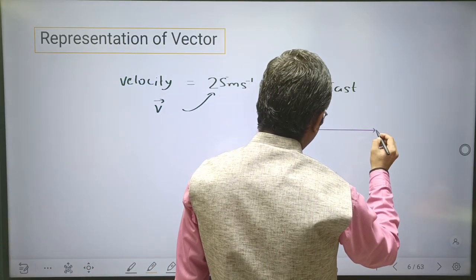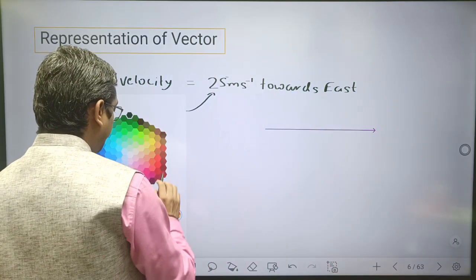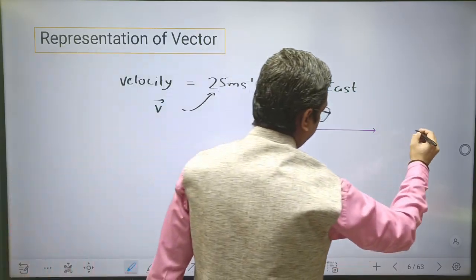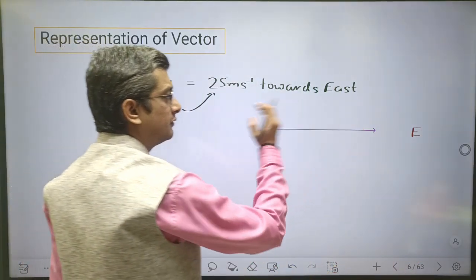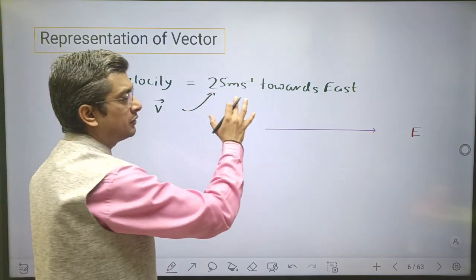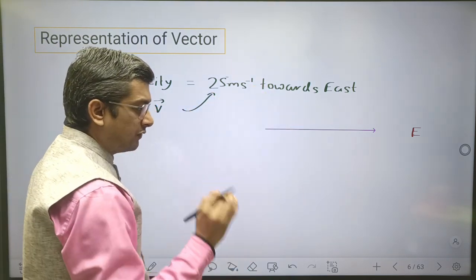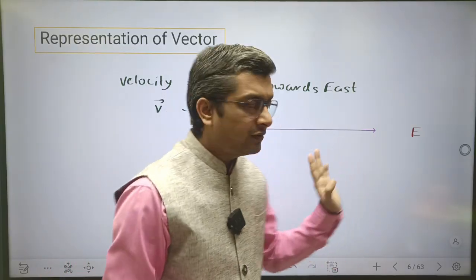So there is a way of representation of vector quantities. This is very important. Suppose this direction is east. Just remember the map of India. This is east, west, north, south. Now you have to represent 25 meter per second towards east. So the very first step is to draw a line with an arrow, isn't it?